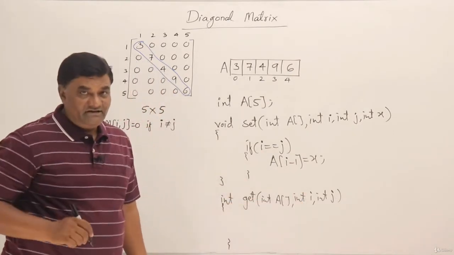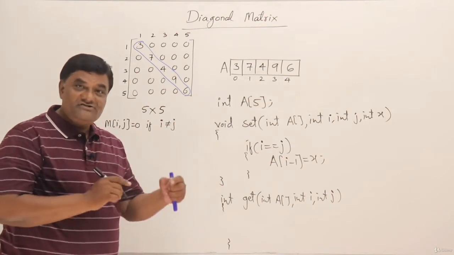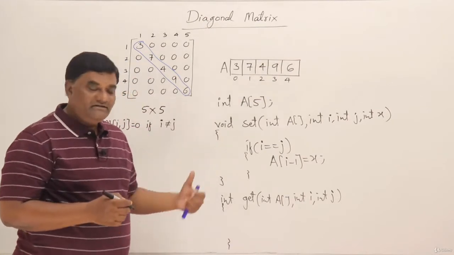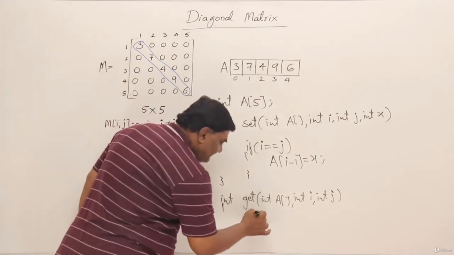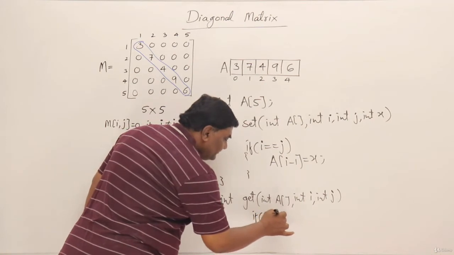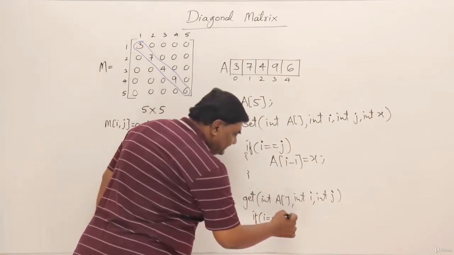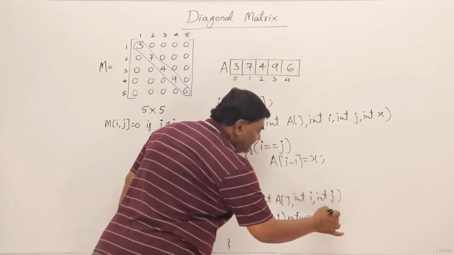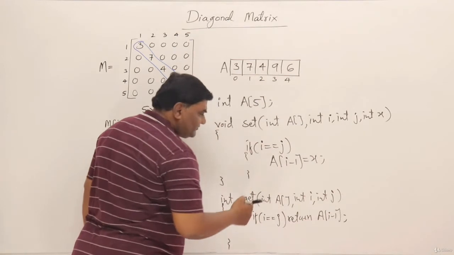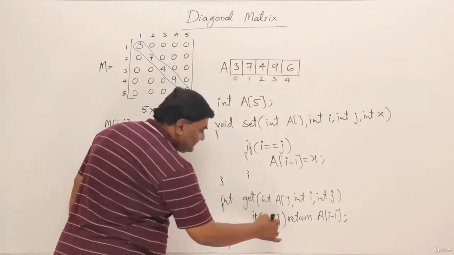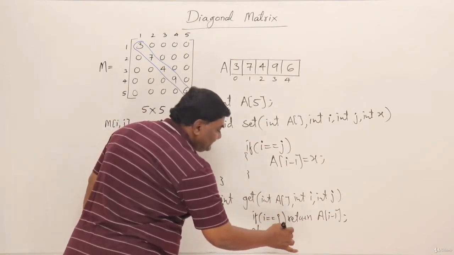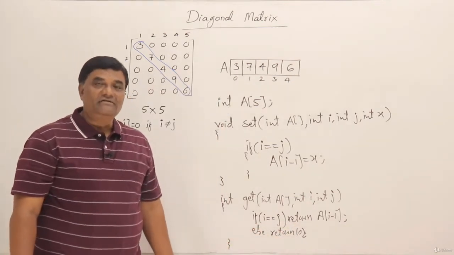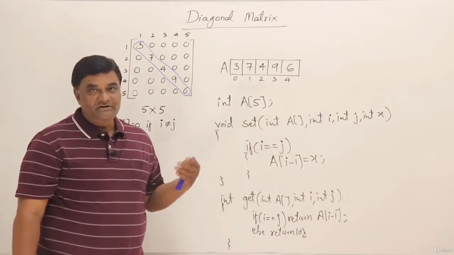But first of all, it should check whether i and j are equal or not, because we have elements only for i equal to j, that is the diagonal. So check if i is equal to j. I will write it in the same line: if it is equal, then return a of i minus 1. See, it is at the same place where I have stored it. Otherwise, if it is not equal, then definitely the element is 0. So return 0.